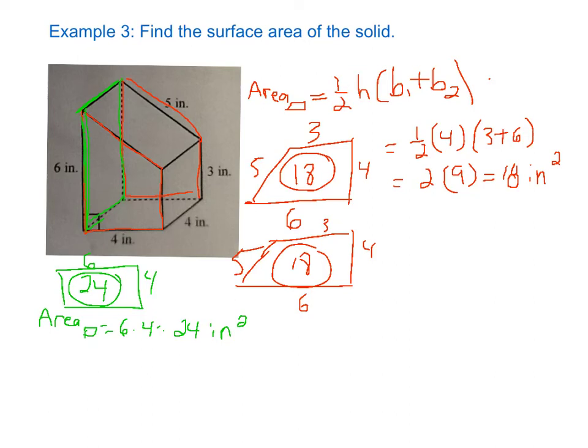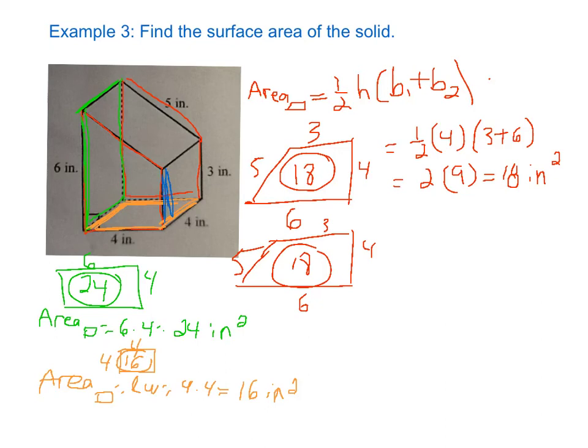We also have the bottom one here in orange. So if we find the area of that particular rectangle, we've got length times width, which is 4 times 4, which gives us 16 inches squared. So we've got one that's 4 by 4, and that's 16.